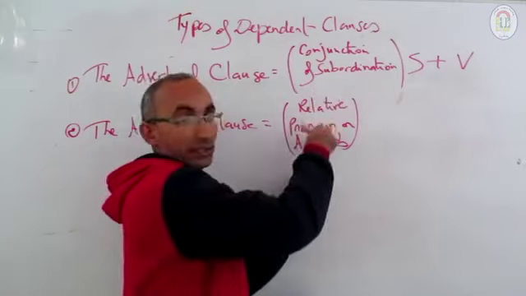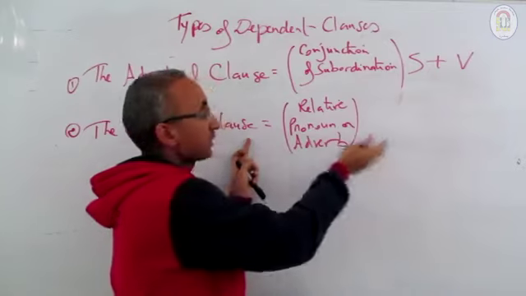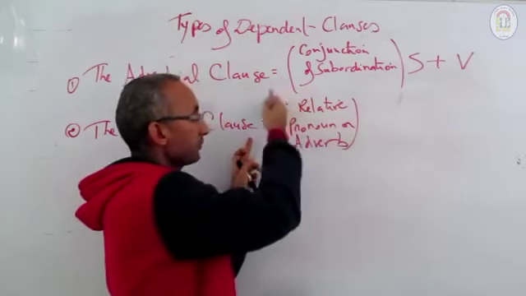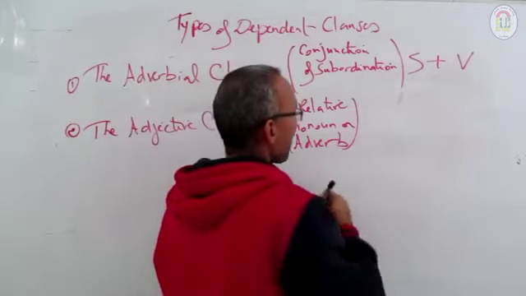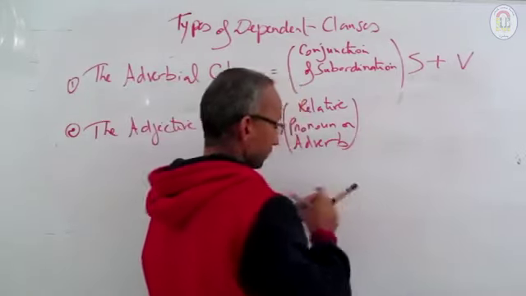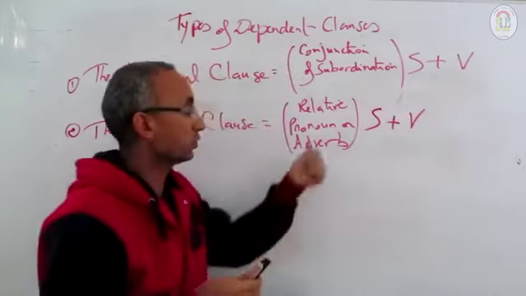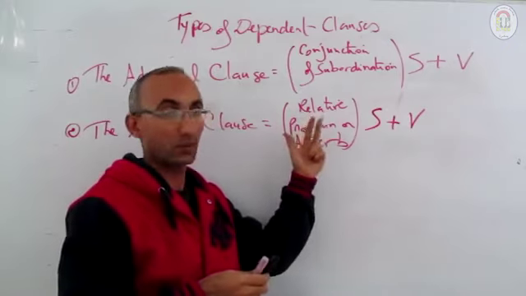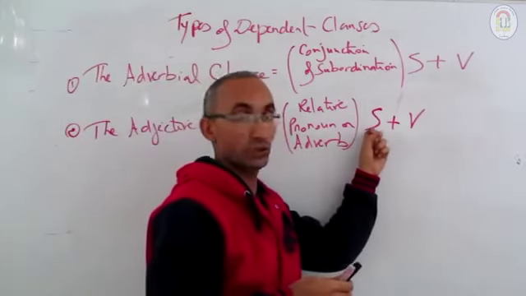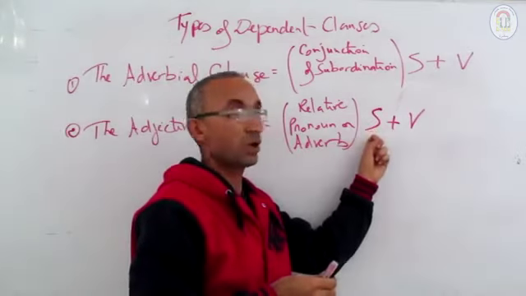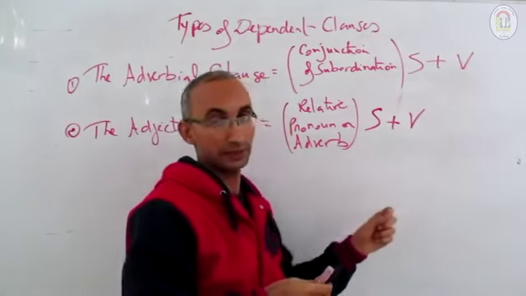And all of them should be preceded by a noun, because the adjective clause modifies and describes a noun before it directly. Here also, after them we find usually subject plus verb, except with who, that, and which, when they act as subjects. Here the who is subject or that is subject or which is subject, after it we find only a verb, clear? Good.